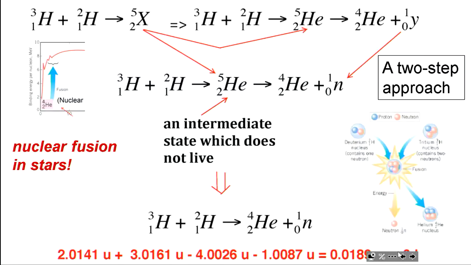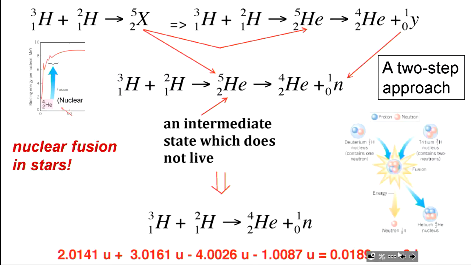So the temperature should be huge, and gravity does that first. And then when the temperature reaches high enough values, those particles get close enough to form one excited, very, very unstable nucleus, and it decays.